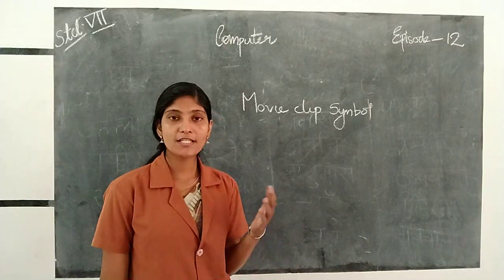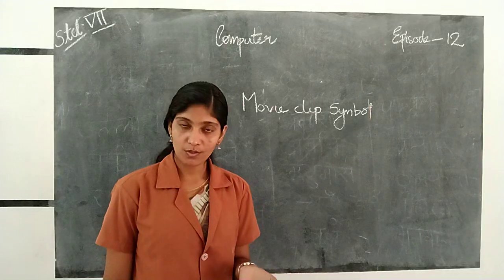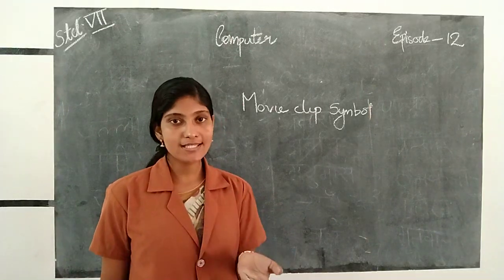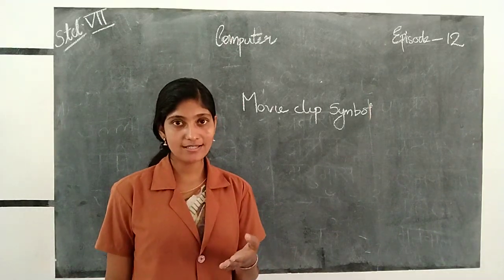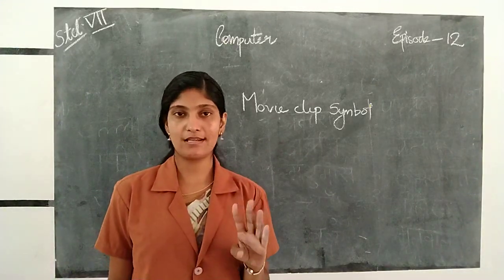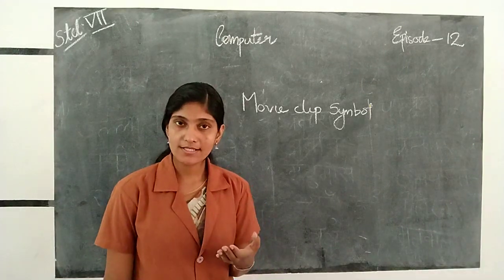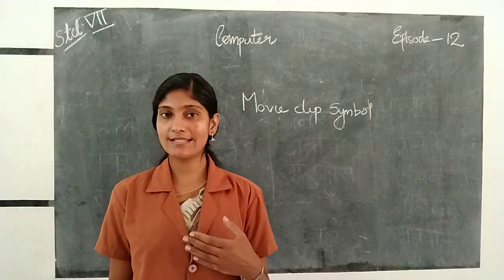And it also responds to mouse clicks, roll over, roll out, such type of actions. How many states are there? Four states. What are they? Up state, down state, over state and hit state.